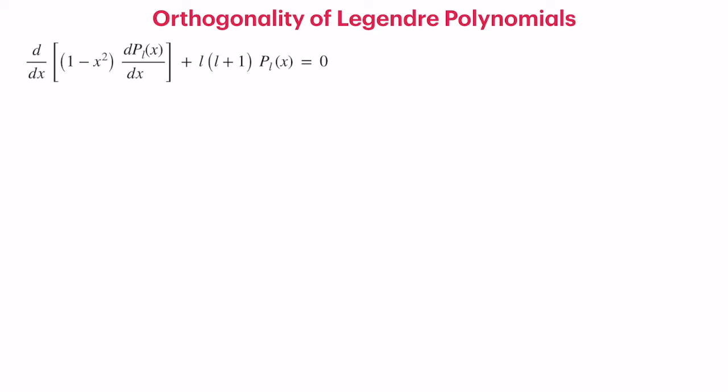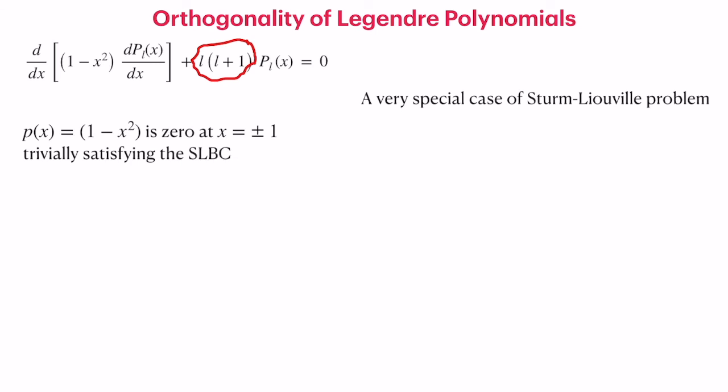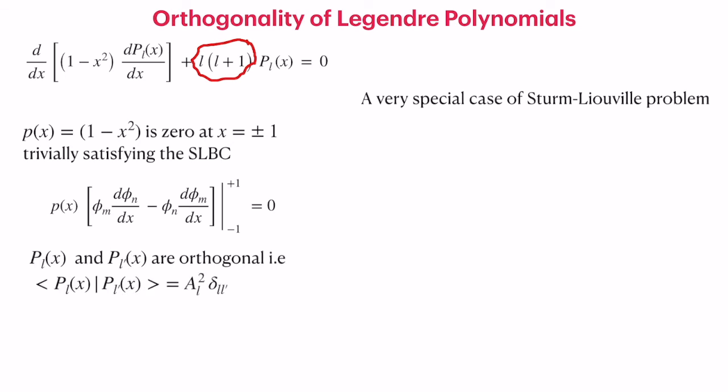Now we see that because the series terminates for n into n plus 1, we just rename the eigenvalue as L into L plus 1 so that we have an easier notation, where the series terminates at L equal to n. So once we have this, we have various eigenfunctions. We have seen that P of x is 0 at the boundary, so it satisfies the Sturm-Liouville boundary condition. That's one of the trivial cases of them.